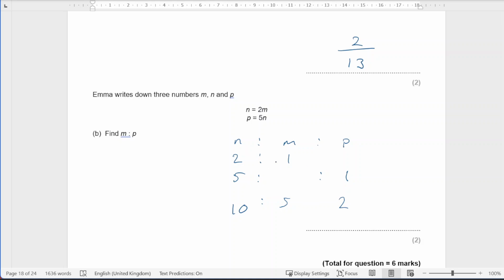Let me just double check my working. Yeah, I've done this completely wrong, so I need to rewind on that.